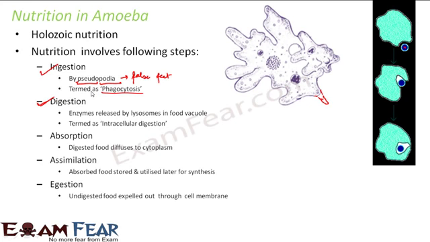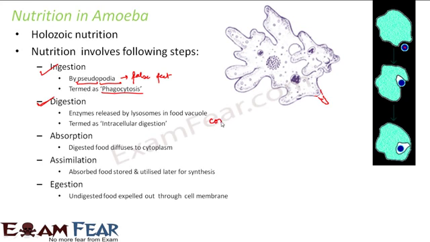In our lesson on cell, we saw that lysosomes are the cell organelles which are also known as suicidal bags because they release enzymes which break down the cell itself. The enzymes released by the lysosomes in the food vacuole will help in converting the complex food into simpler form.